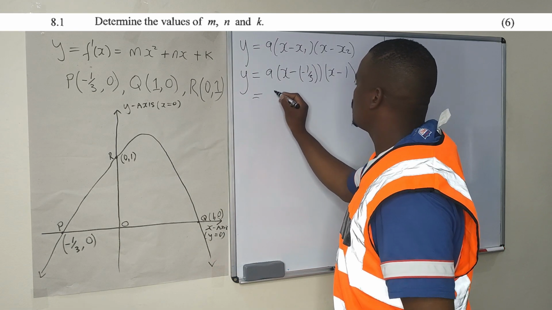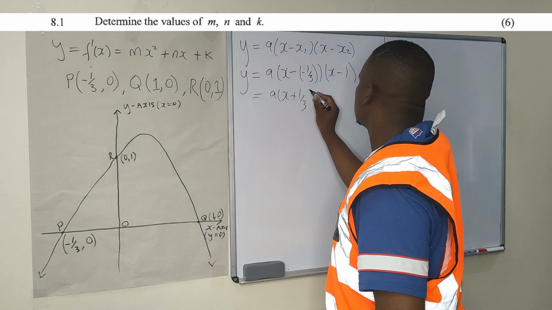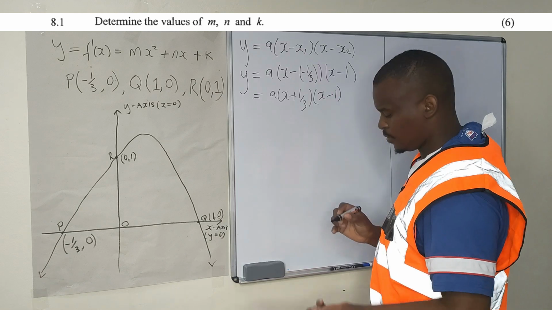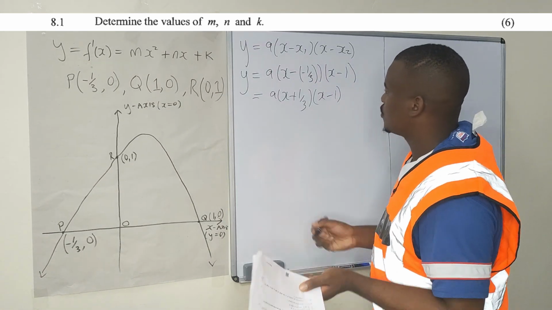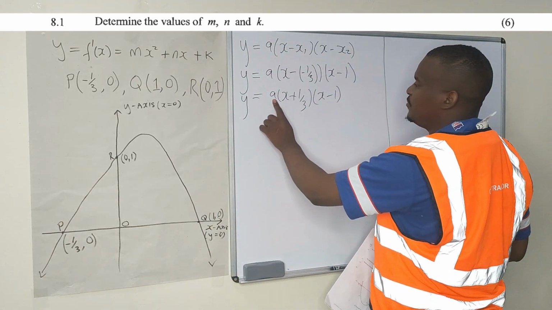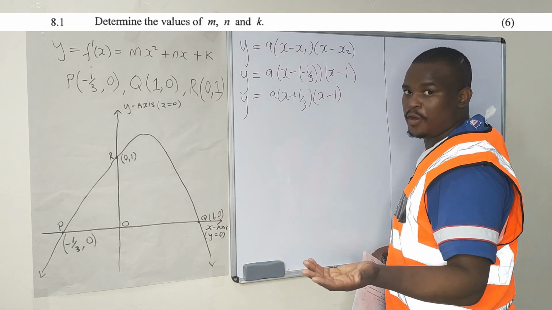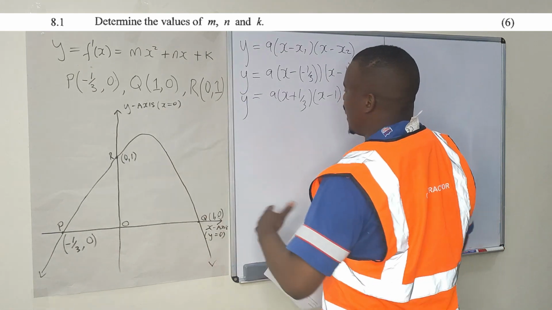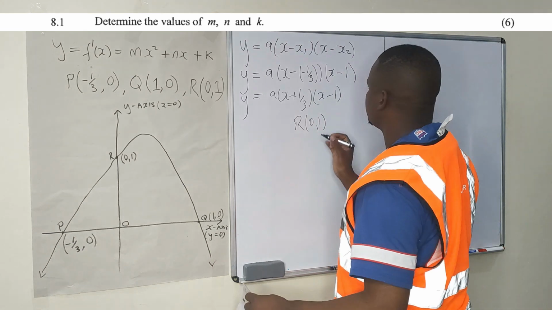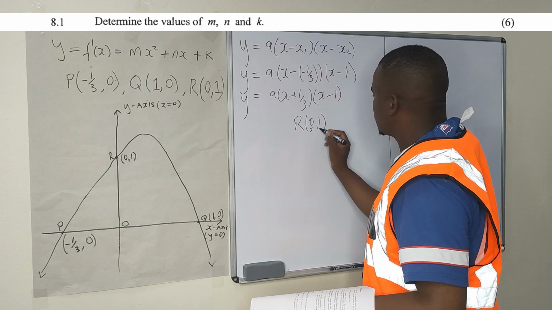So what do we have? We have a times (x plus 1 over 3) times (x minus 1). So you have something similar to this, but now you need to find the value of a. That's where the third point comes in. You have R there, which is (0, 1). So you know this is your x and y coordinate.